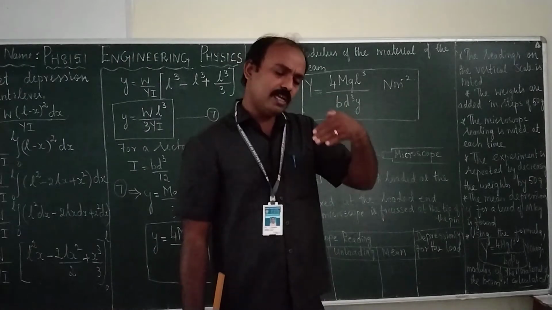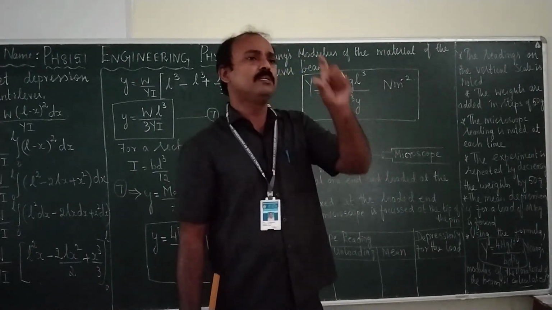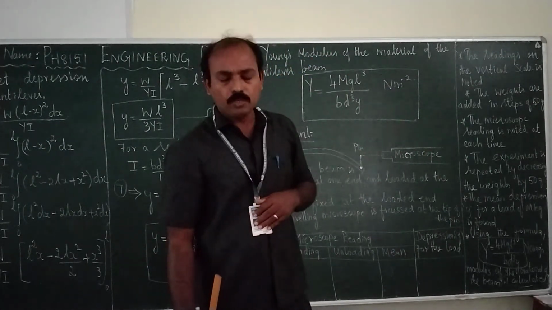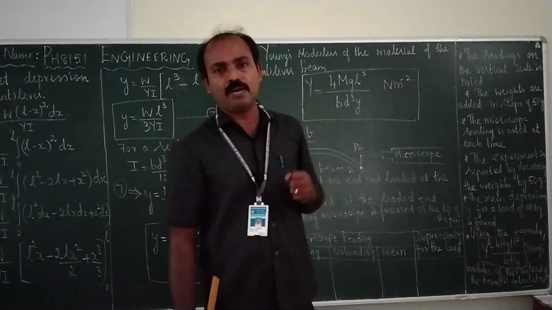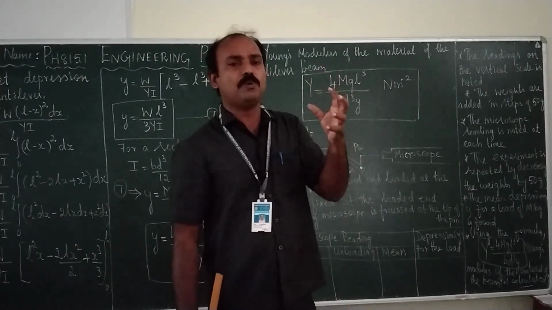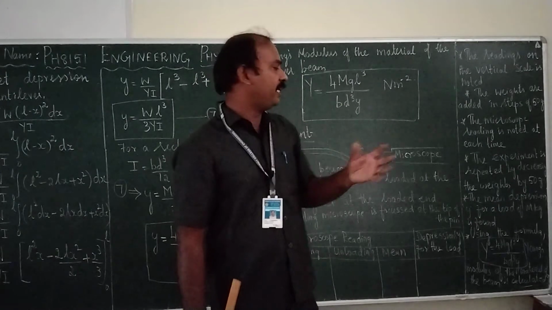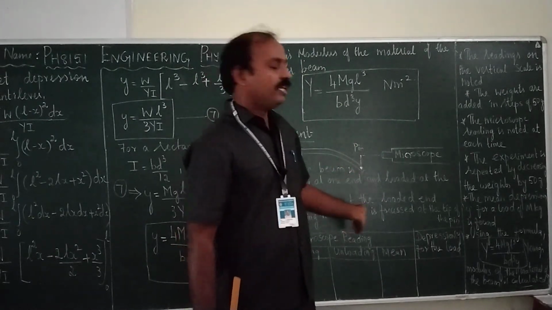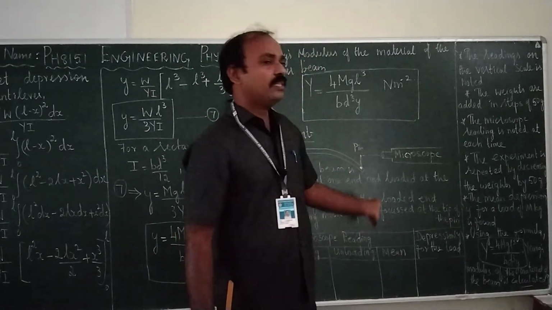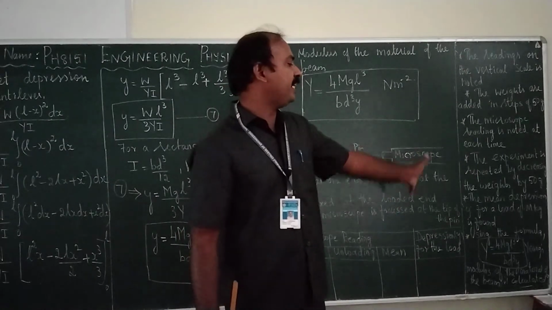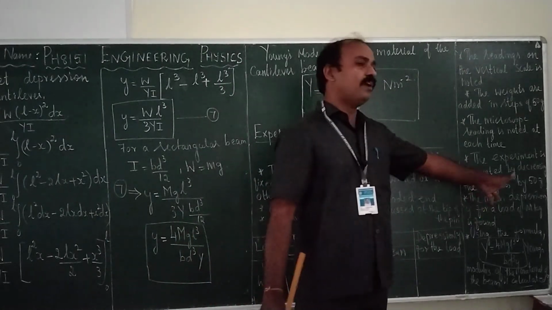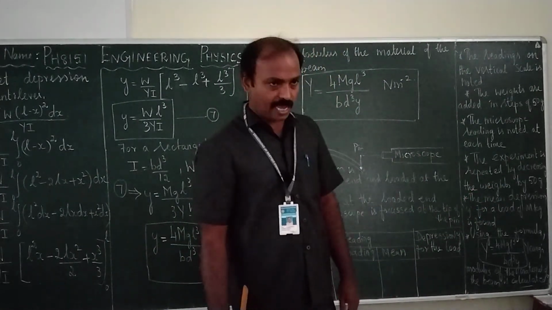In both loading and unloading, the position of the pin is found with the help of the microscope, and the corresponding readings are tabulated. From this you can find the average, which gives the mean depression small y for a load of m kilogram.